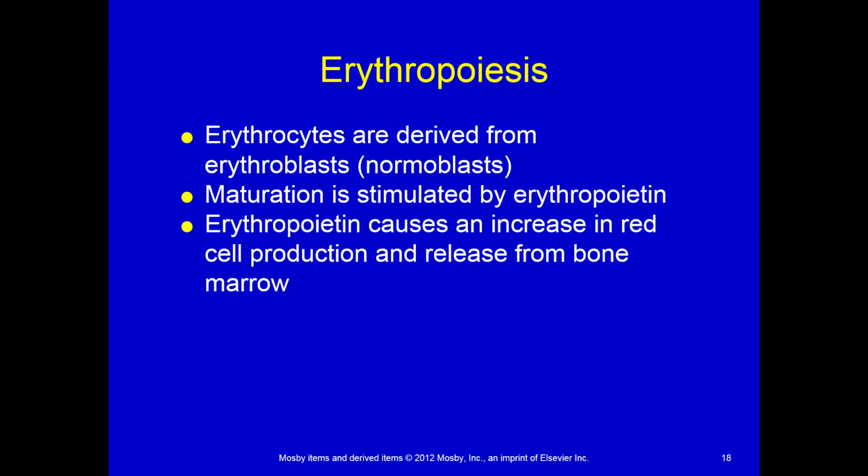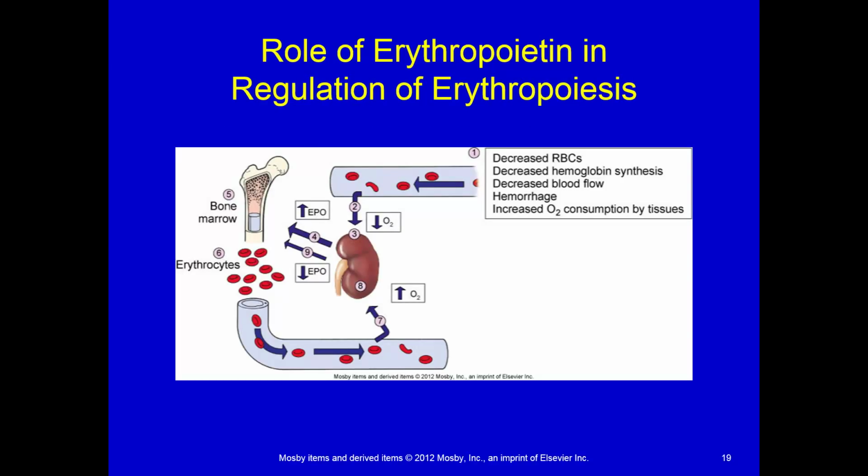So if you've got COPD and you're a little hypoxic because of some sort of pulmonary disease, your erythropoietin will kick in and try to create more red blood cells. Very good. So anytime there's not enough oxygen, erythropoietin is going to kick into gear and create more red blood cells. Here's just a picture of exactly what I just said.